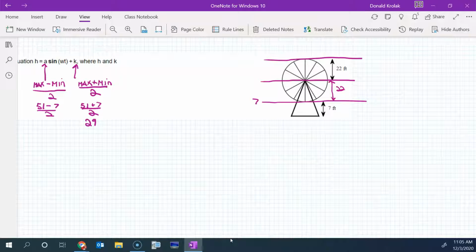So the midline would be 7 plus 22. So that's where I got the 29. And then the top is going to be your 29 feet, and you add 22 more. 29 plus 22, and that puts me at 51.